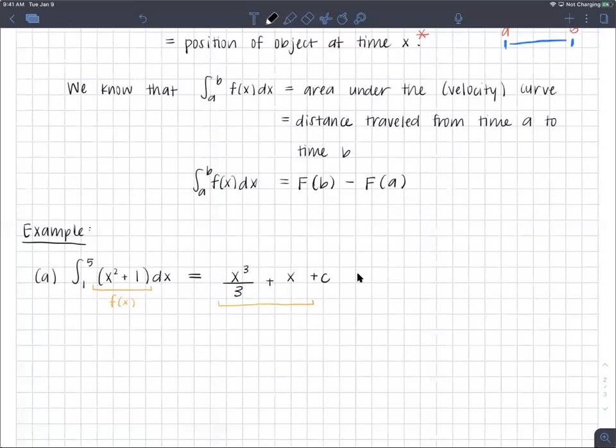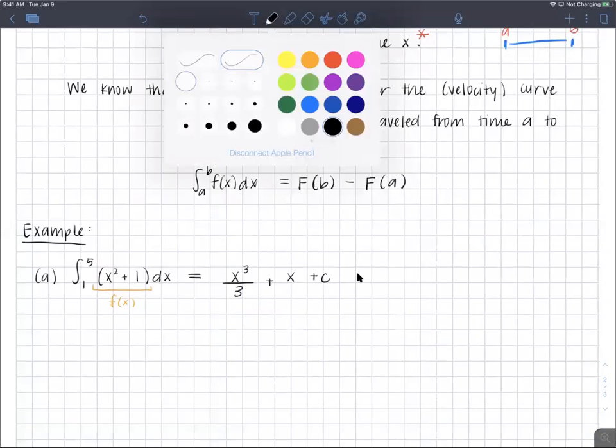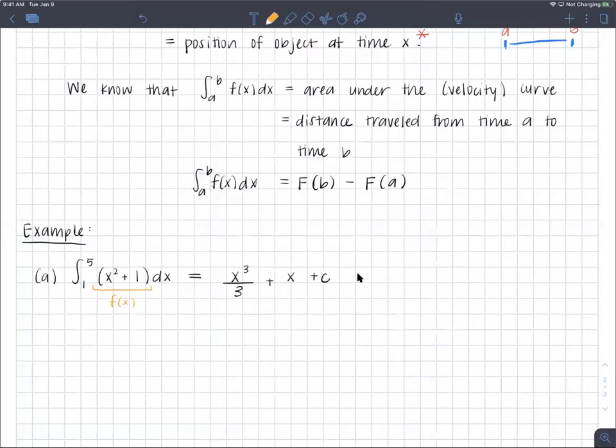So we can leave it in for now, and then we'll see that it just goes away. I'll do it with this one, but for the next ones, I'm going to leave it off. But here, this is going to be the antiderivative, the most general antiderivative with that c right there.